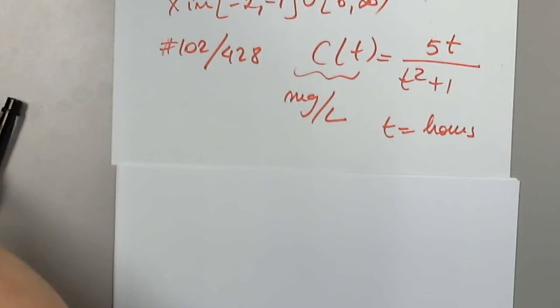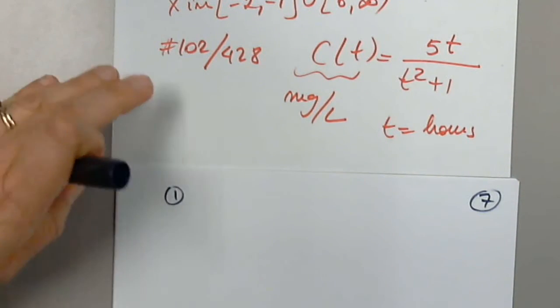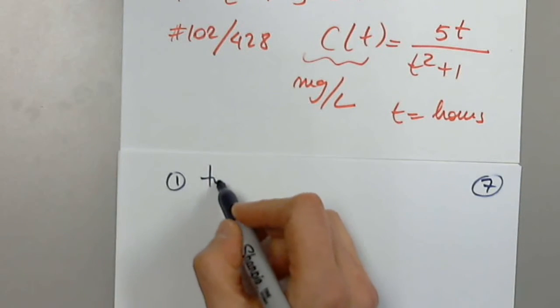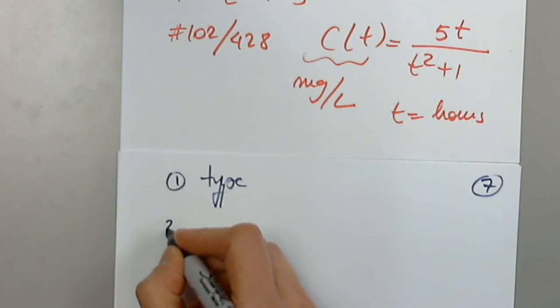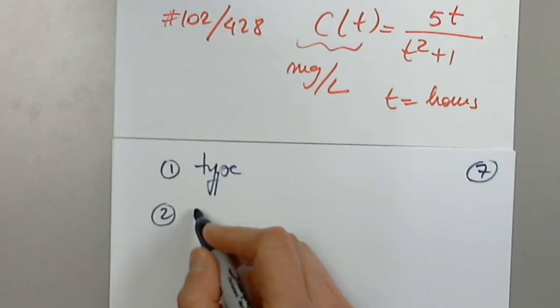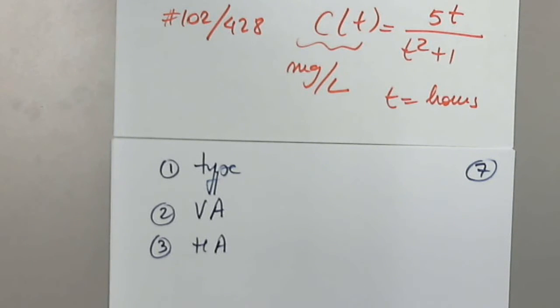But I have a couple of questions before we even graph it. First question for you is the type. Of course, what function is it and what type. Number 2, I want to find vertical asymptotes. Number 3, I would like to find the horizontal asymptote. Before we do anything, before we read the problem even. So what type of function is this?